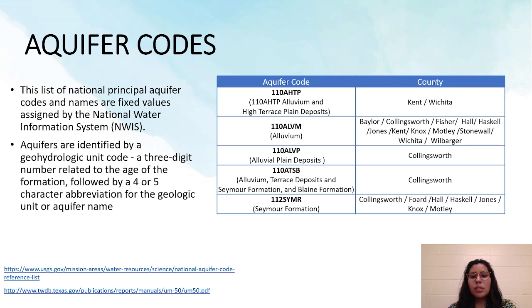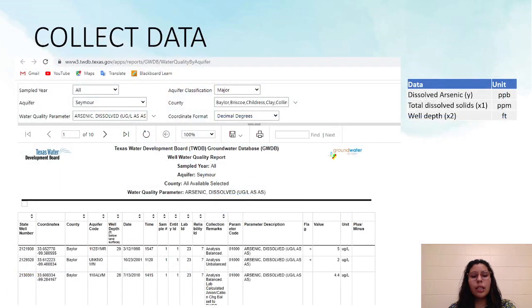So we could select all the aquifer codes that are inside the Seymour aquifer. And we can see also in the second column all the counties that are included in the aquifer. And here you can also see the 2 websites where we found this information to see if the aquifer codes that we were seeing in these tables are important to us.